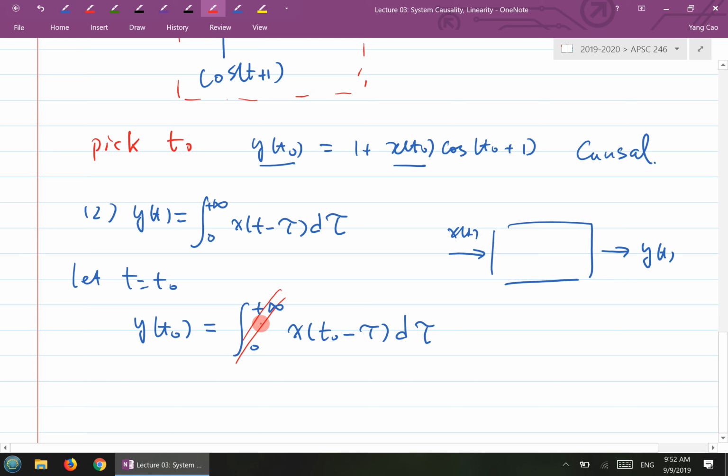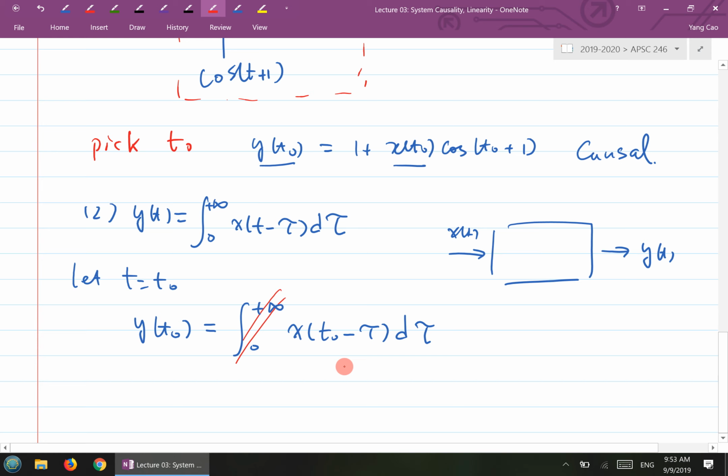But in this case, it doesn't matter how you sum, because tau is always between 0 and positive infinity, a positive number. So whenever you plug it in, you always get t naught minus a positive number. That means the current output depends purely on past input. That's why it's a causal system. Is that good?